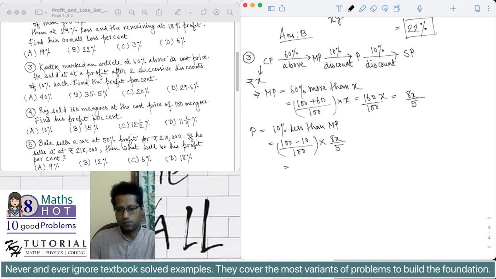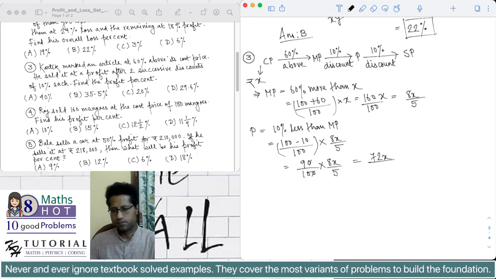This is equal to 90 by 100 multiplied by 8X by 5. This after simplification is 72X by 50.